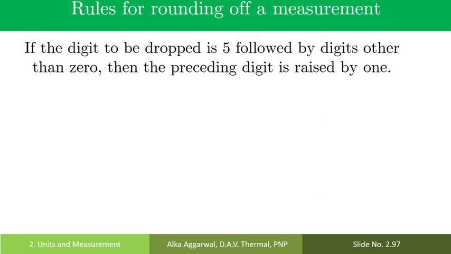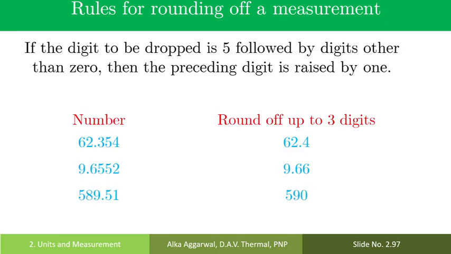If the digit to be dropped is 5 followed by digits other than 0, then the preceding digit is raised by 1. For example, in the number 62.354, if the digit 5 is dropped, then the number is rounded off to the first decimal place as 62.4.